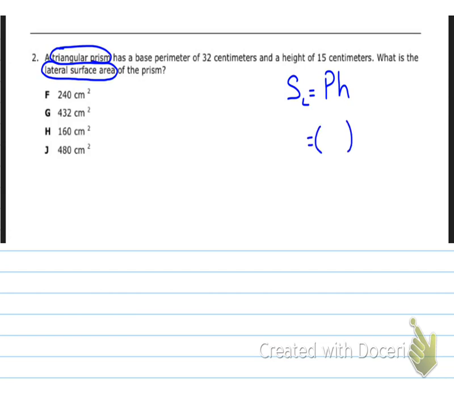And this equation is kind of easy, because P means perimeter and H means height. Notice that I'm given the height and I'm given the perimeter. So all I have to do is sub in and I'm done. So what's 32 times 15?